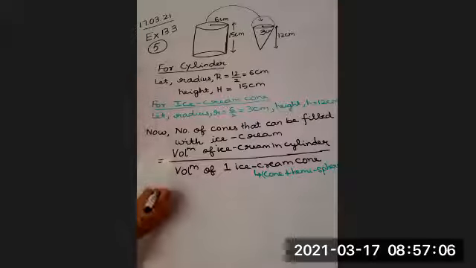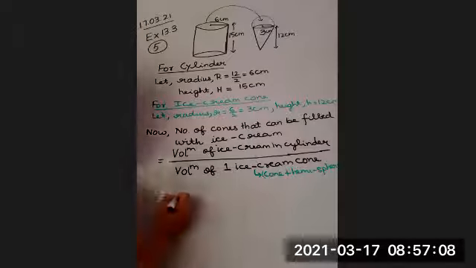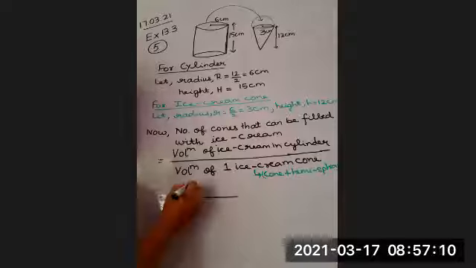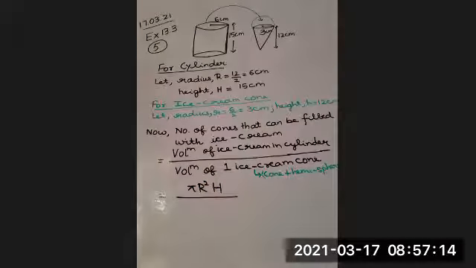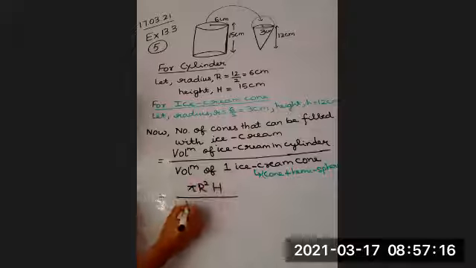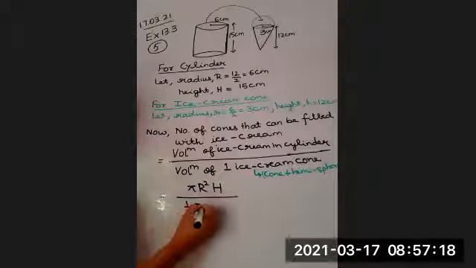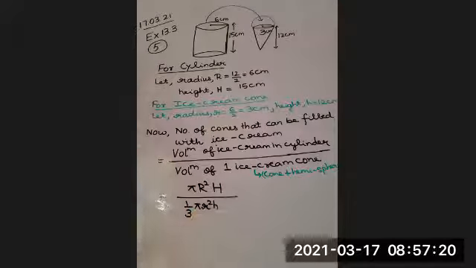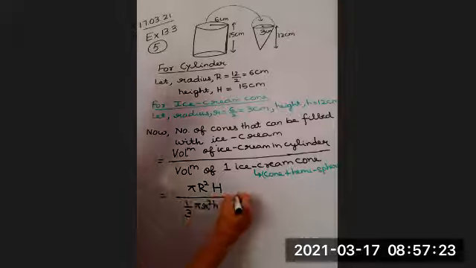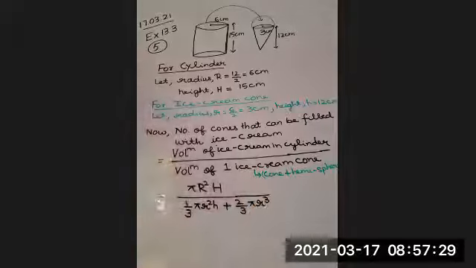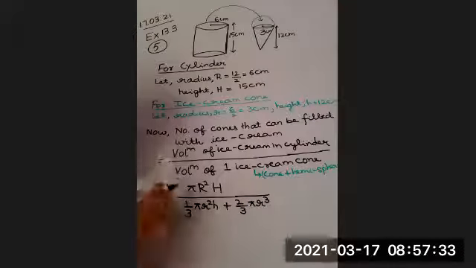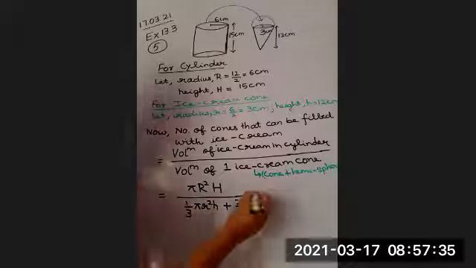Now children, what is the formula for volume of cylinder? Pi r square H, and capital H here. Volume of cone, 1/3 pi r square h. And volume of hemisphere, 2/3 pi r cube. Now let us see what can be taken common in the denominator.